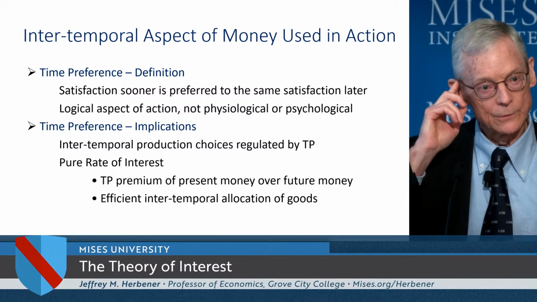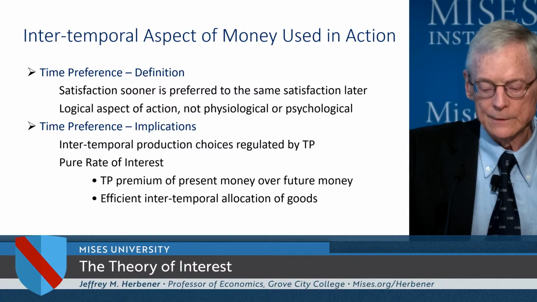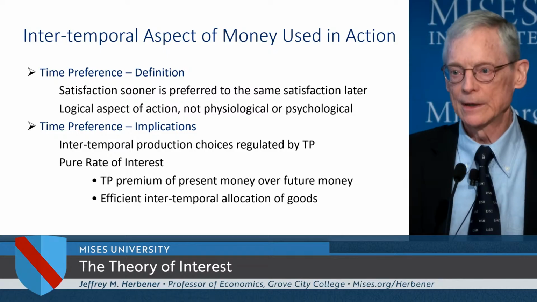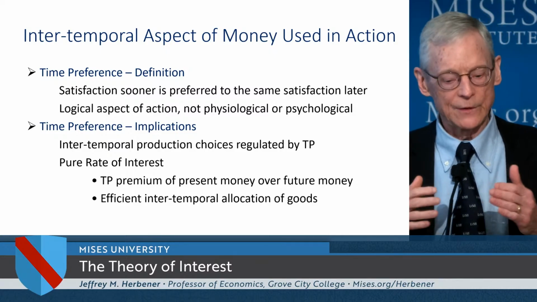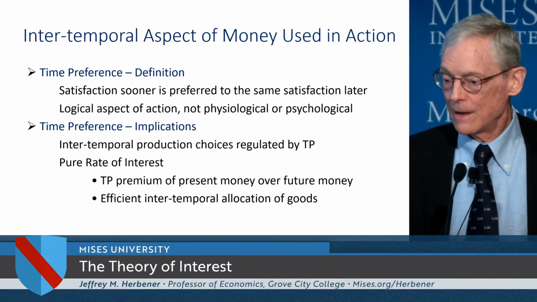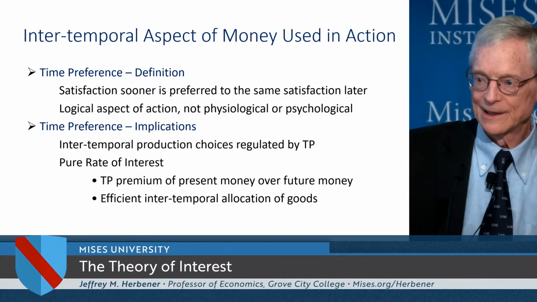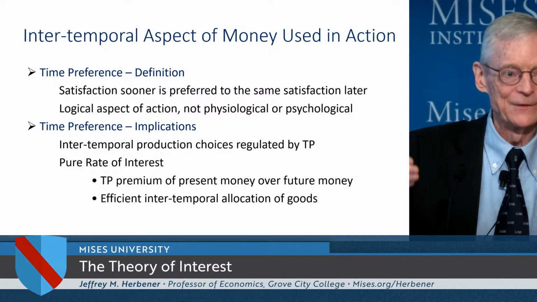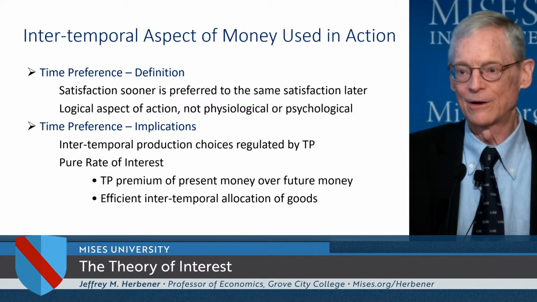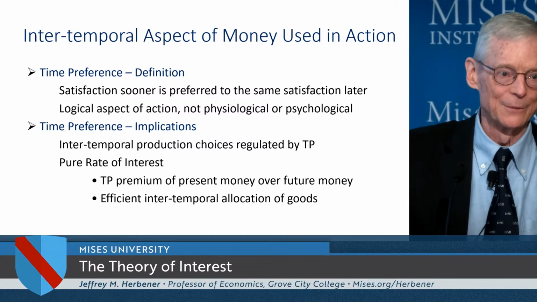And this is something that the faculty will talk about more this morning: that depending on the intensity of people's time preferences in society, that will dictate the intertemporal production structure. And in the production structure, we mine iron out of the ground, we produce steel, we refine the steel, we form body parts for an automobile, we assemble the car, we ship the car to the dealer, who puts it out on the lot, and the customer comes and buys the car.